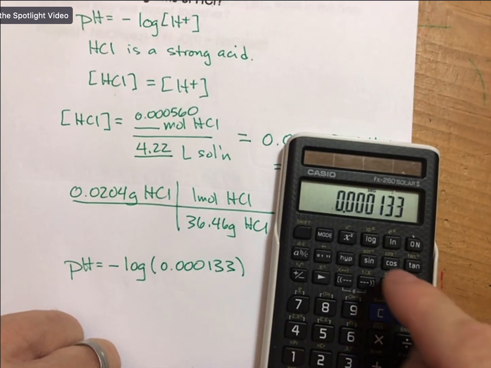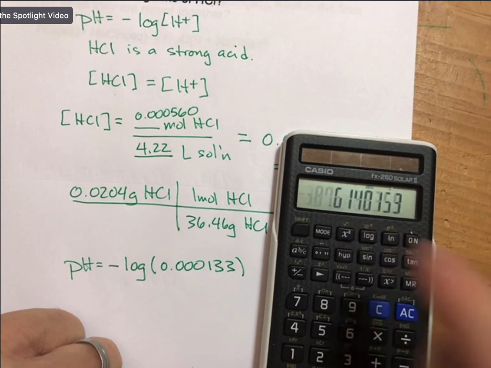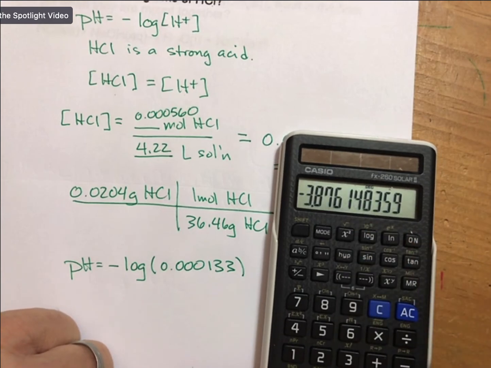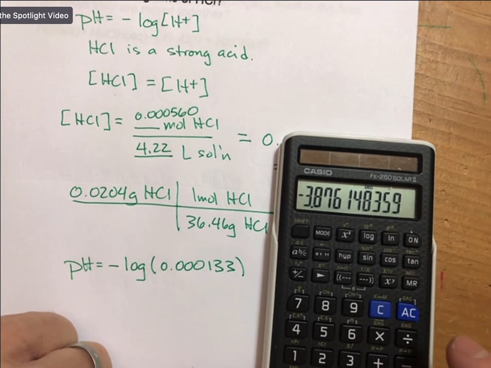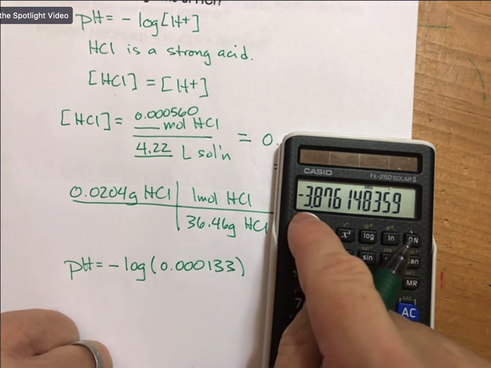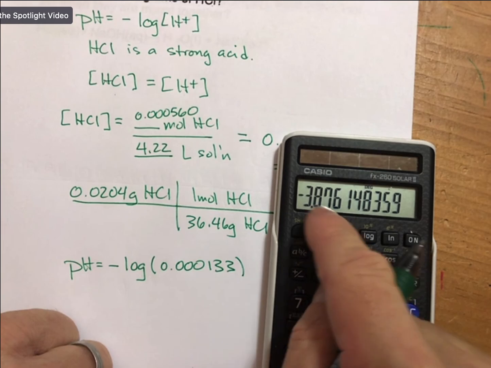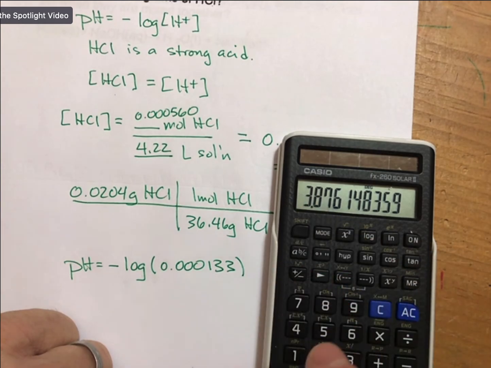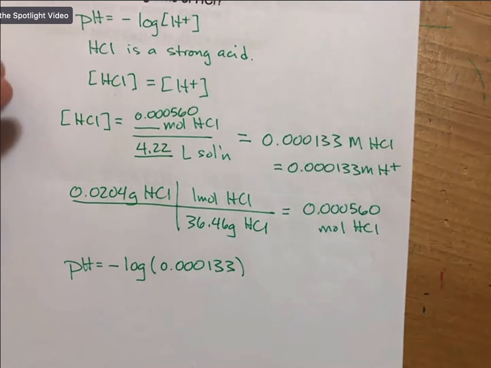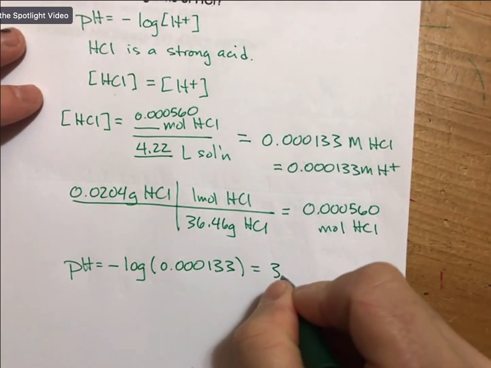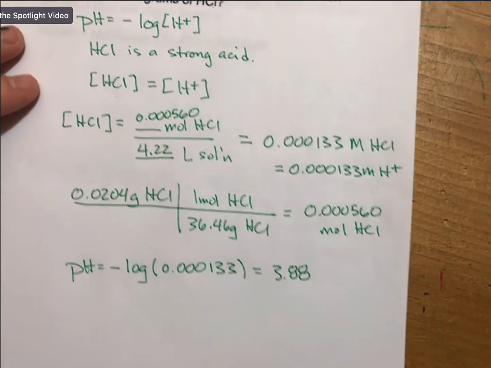On my calculator, you have to put in the number first and then hit the log button. I'm sure you know how your calculator works at this point. I get minus 3.88, which I take the minus sign away, and I get 3.88 as my pH.